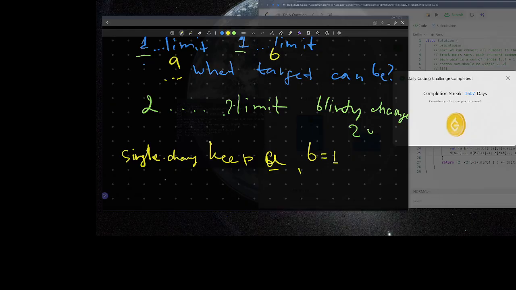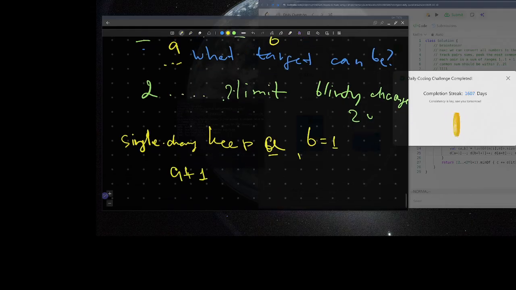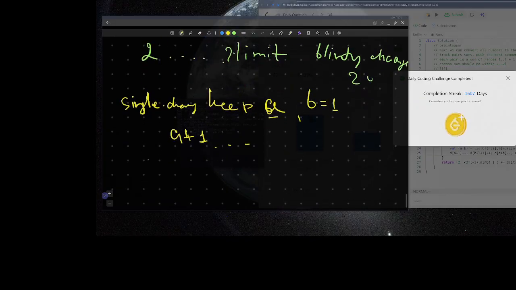That means we have range starting from A plus 1, or like this, minimum AB plus 1.